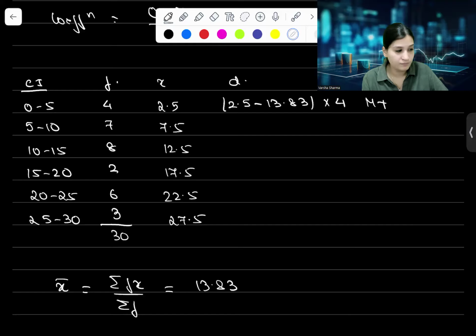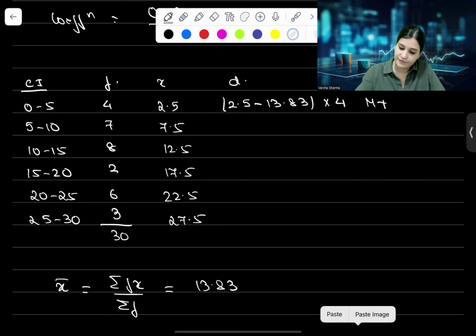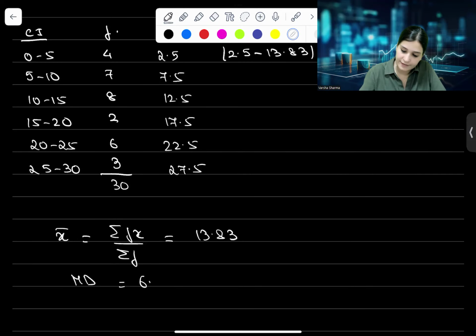Mean deviation. 6.688. Very good. Mean deviation will be 6.688.